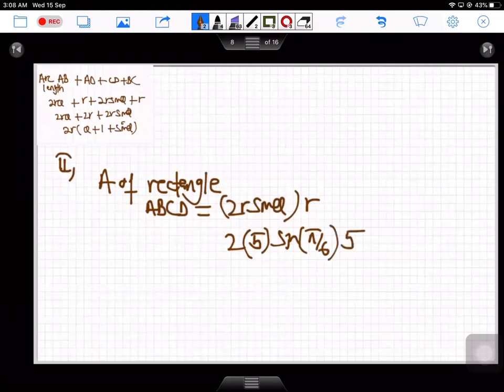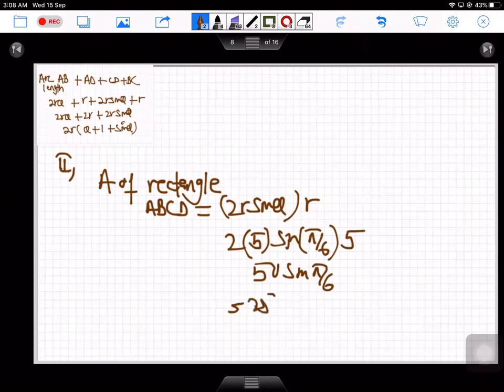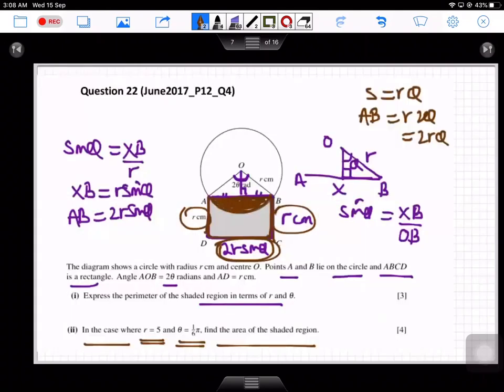So this is 2 times 5 times 5, which is 50 multiplied by sine pi over 6. So the area of the rectangle is 25 centimeter square.